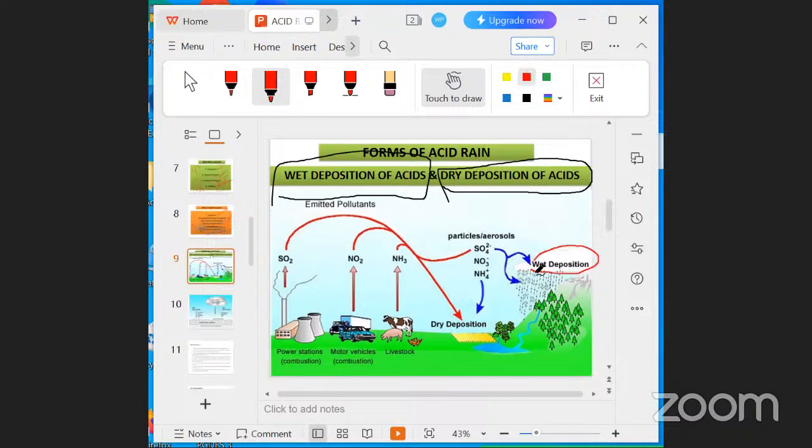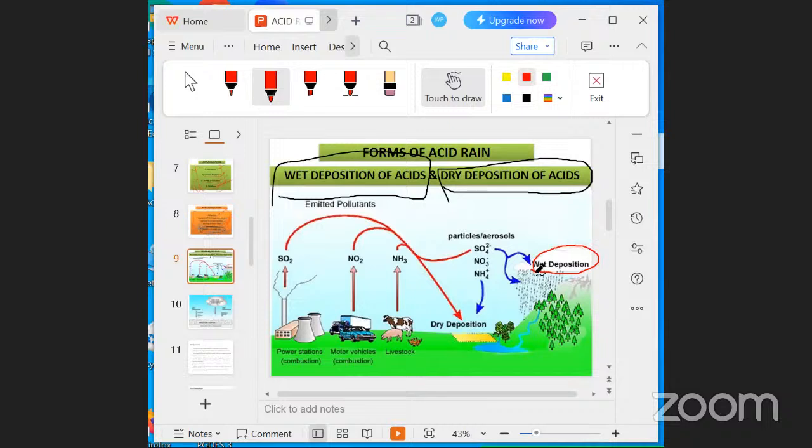Wet deposition. So in wet deposition, moving air blows the acids present in the atmosphere to the areas where the weather is wet.